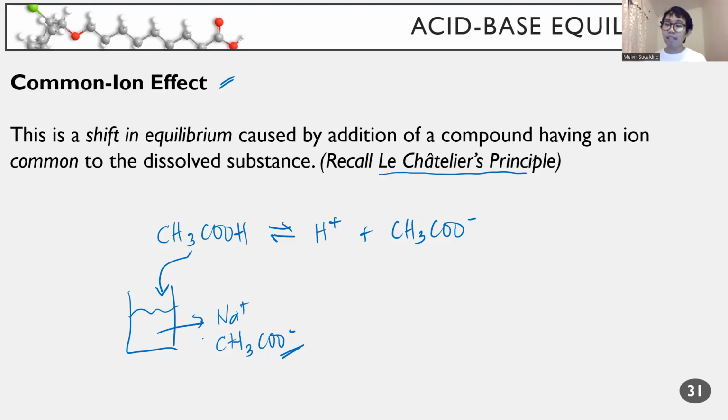So the presence of acetate ions will push the equilibrium to shift from right to left. If it shifts from right to left, then it will also affect the production of H plus ions. We expect H plus ions to be less compared to the H plus concentration if pure water is the solvent, right?